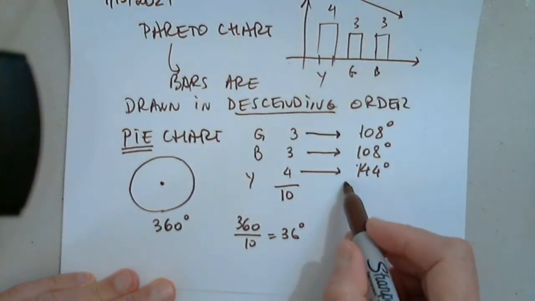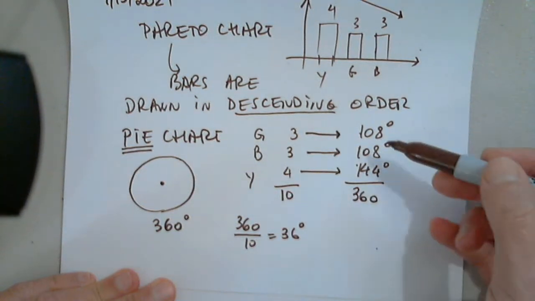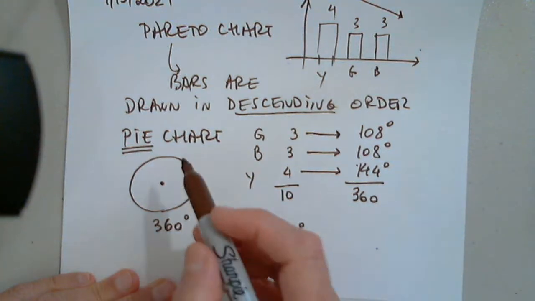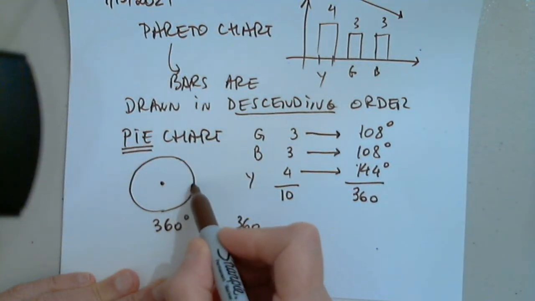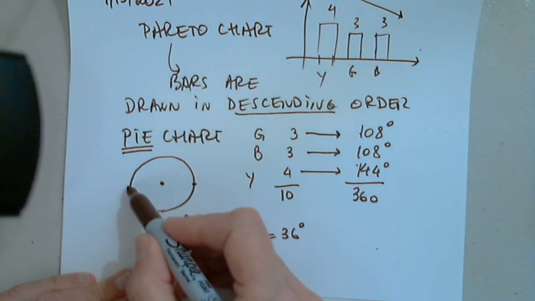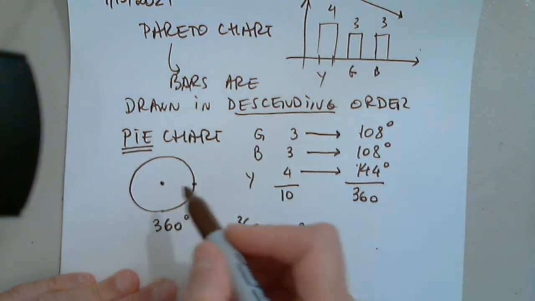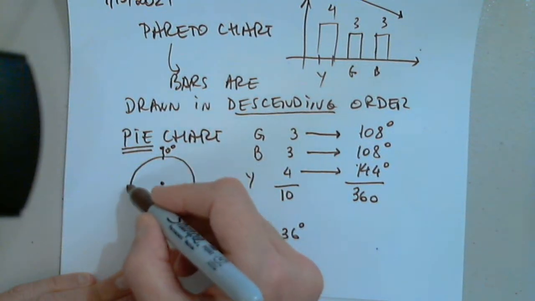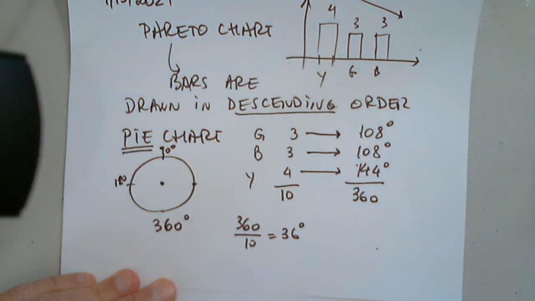So obviously this is the entire circle. Which of these is the biggest? It's 144. I can start here. I know that half the circle is 180. It's kind of difficult for me to present exactly 144. I know that this is 90 degrees. I know that this is 180 degrees.